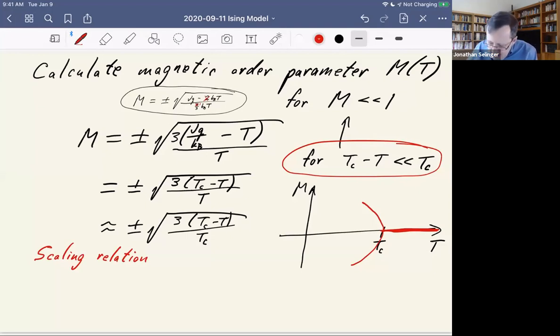It is often written as a power law like this, to say that M is proportional to Tc minus T to the beta power. And so you can see from this calculation that we are finding that beta is equal to a half in mean field theory.